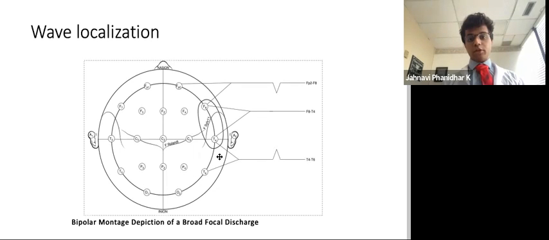This is a bipolar montage with extended focus, a broad focal discharge. Here we can see that the phase reversal is happening, but over the entire F8 and T4, which both have almost an equal amount of negativity or positivity.